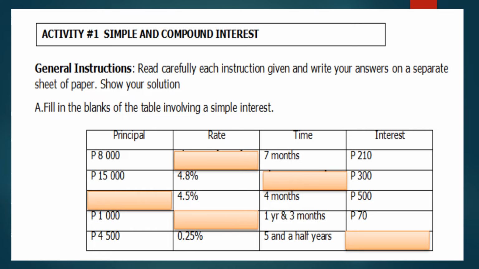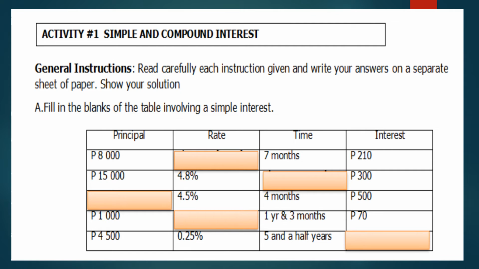With principal amount of 15,000, rate 4.8%, simple interest 300 pesos. For number 3, you have to identify the principal amount with 4.5% rate, 4 months time of payment, and with simple interest, which is 500 pesos.